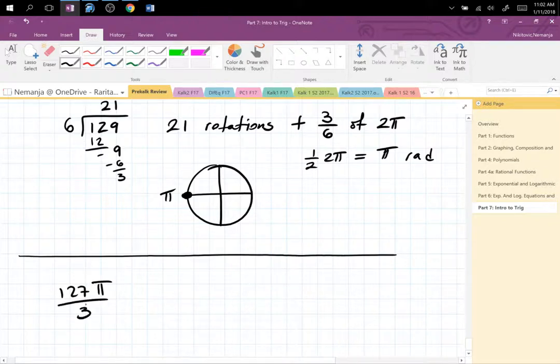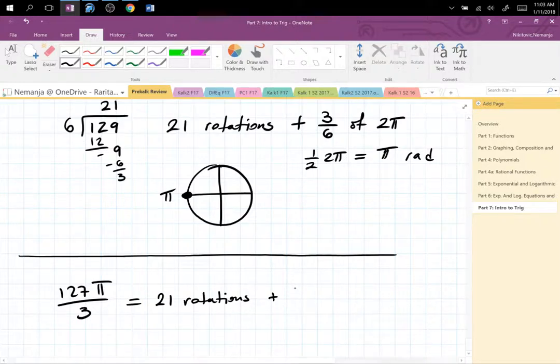If I use 127 over 3, that's the same as 21 rotations plus, and now the remainder would be 1, right?